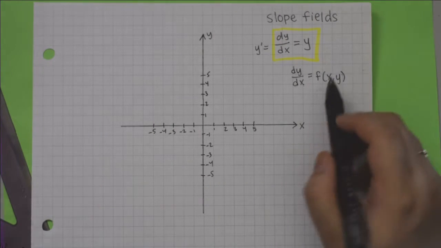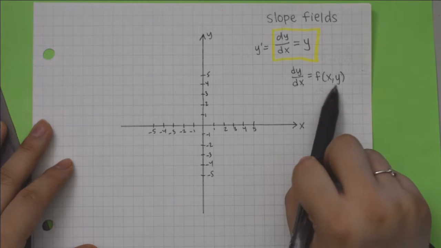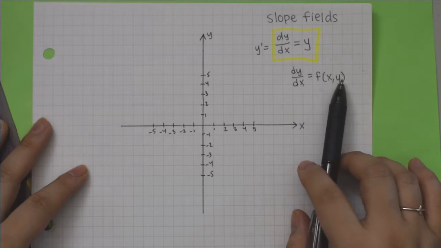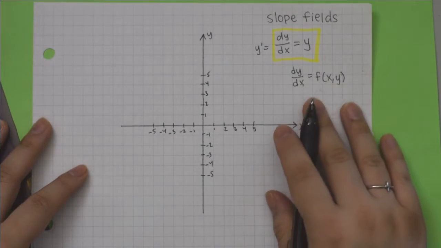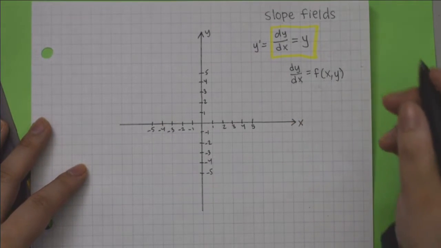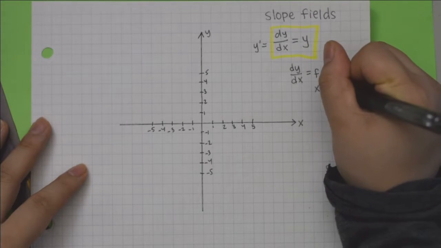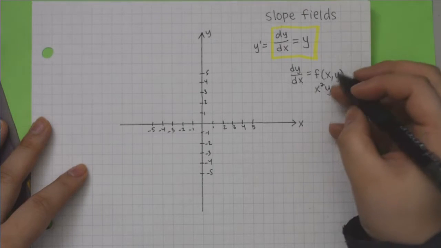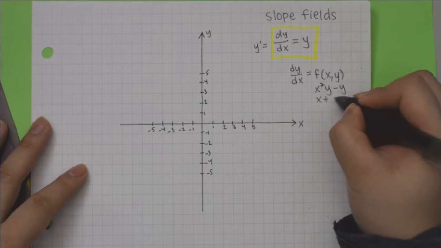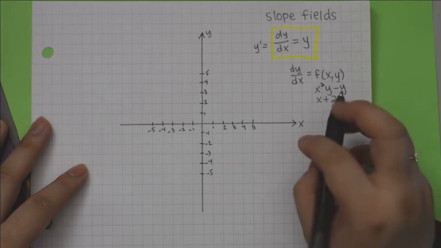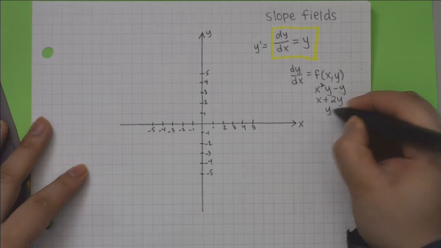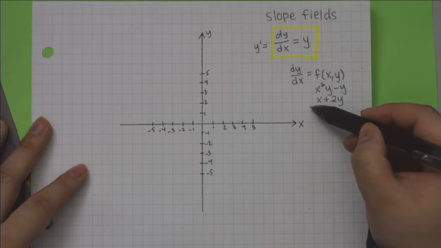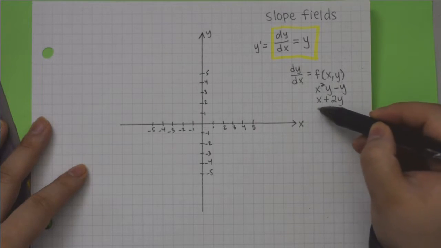If you've never seen this notation before, this might be kind of scary looking, but all this means is it's a function of x and y, meaning you might just have a bunch of x's and y's together, like x squared y minus y, or x plus 2y, or just even y, which is what we're doing today, because with just y, you can think of it as having 0x plus y.